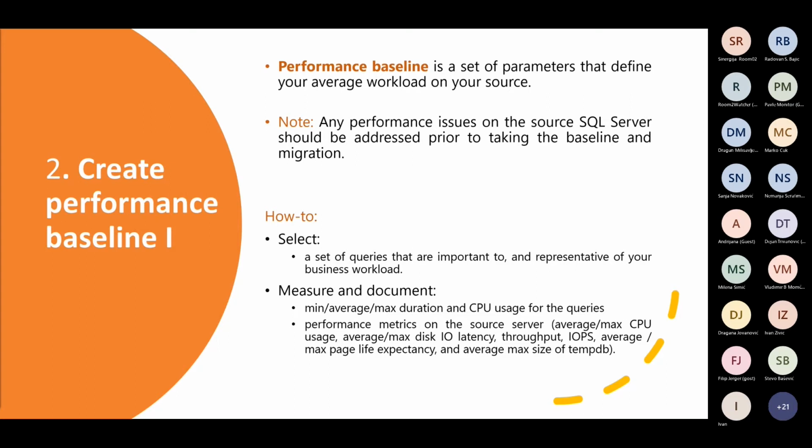You should run those and measure and document minimum, maximum, average duration and CPU usage for the queries, and performance metrics on the source server overall, containing all of this: CPU usage, IO latency, throughput, IOPS, page life expectancy, we'll talk about that later as well, size of TempDB, etc.